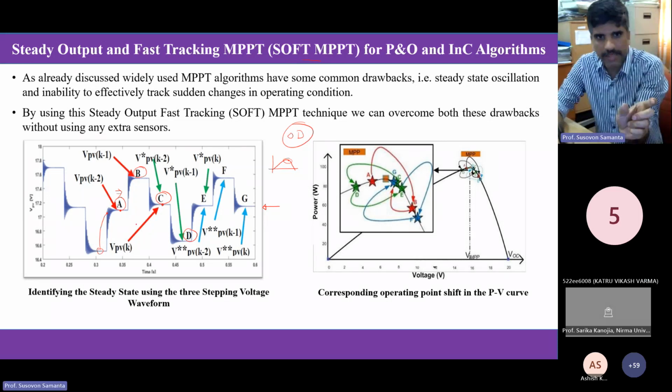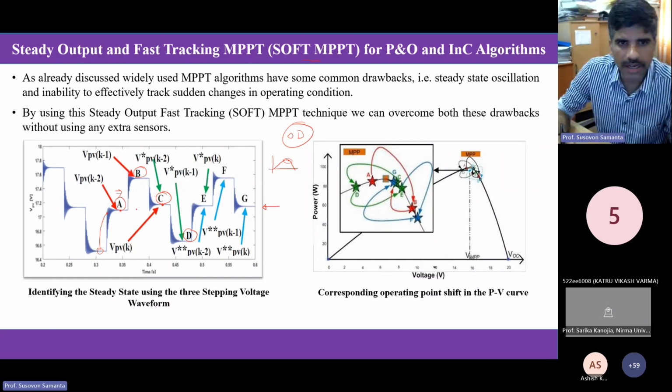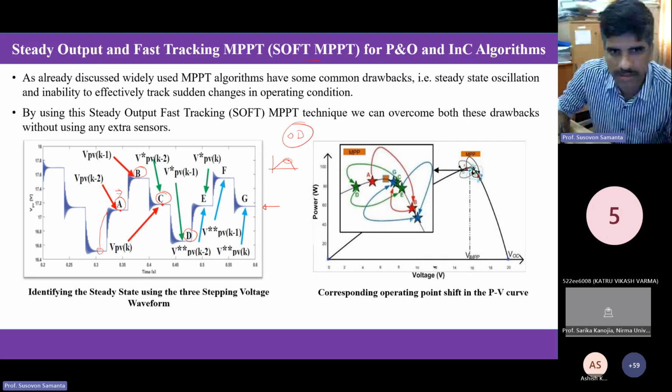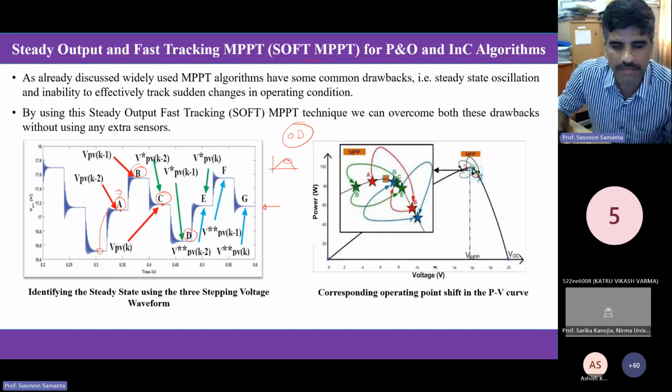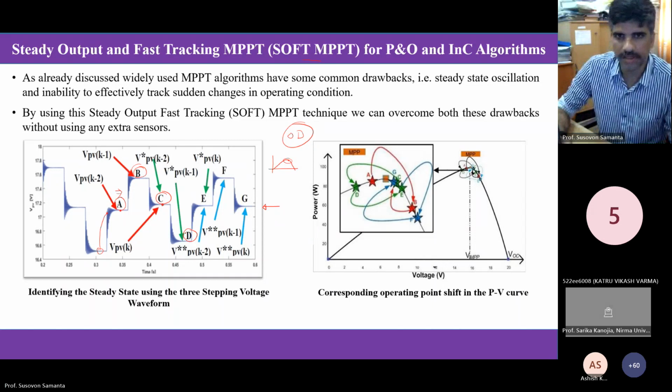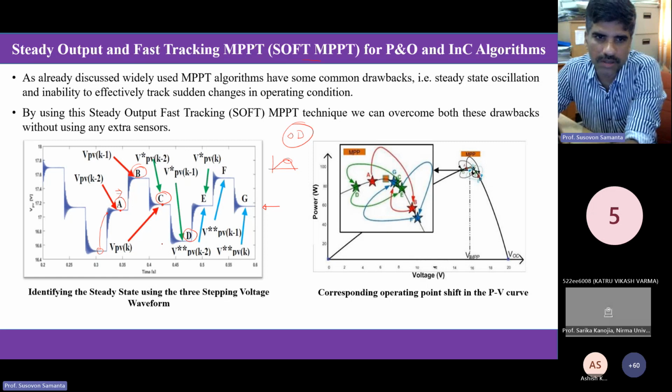So the pattern we are observing is that there is very little voltage difference between one successive point and the next, and in between, one time I get a positive difference and another time a negative difference. With this simple idea, we are creating this algorithm.